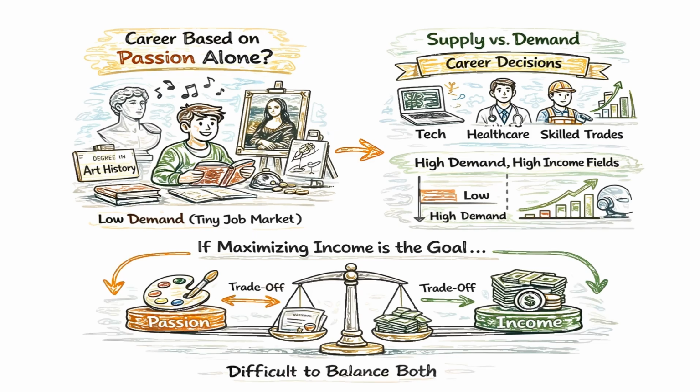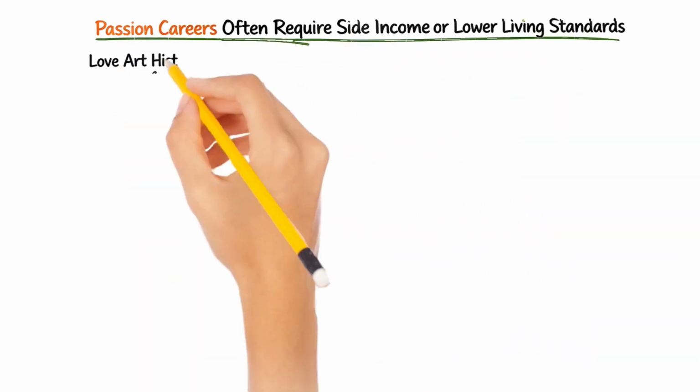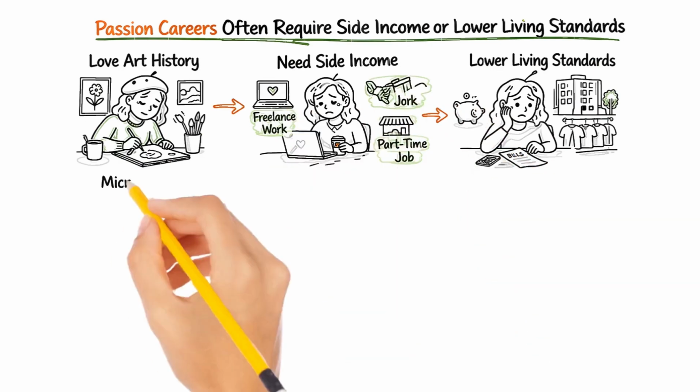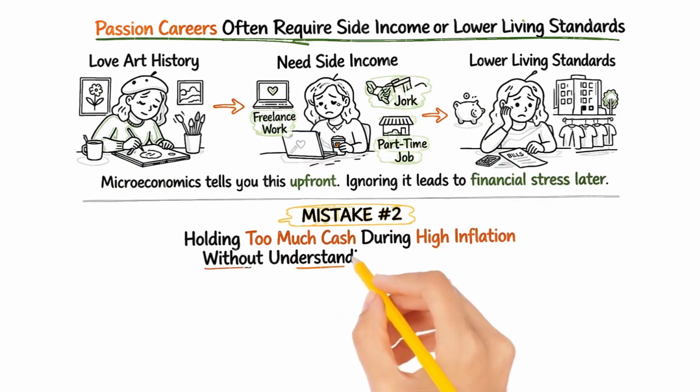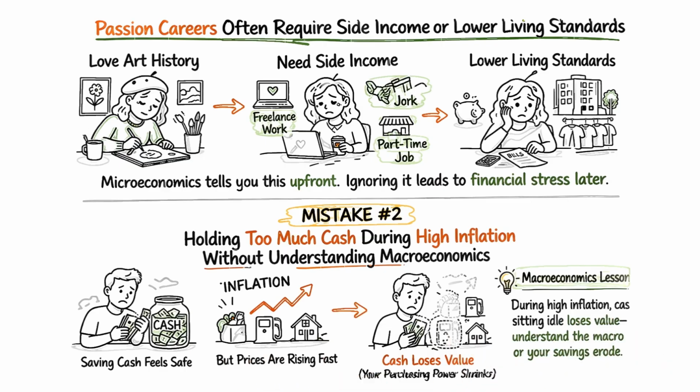Right now, that's tech, healthcare, skilled trades, and anything involving AI or data. Does that mean you can't pursue passion? No. But understand the trade-off. Passion careers often require side income or lower living standards. Microeconomics tells you this up front. Ignoring it leads to financial stress later.